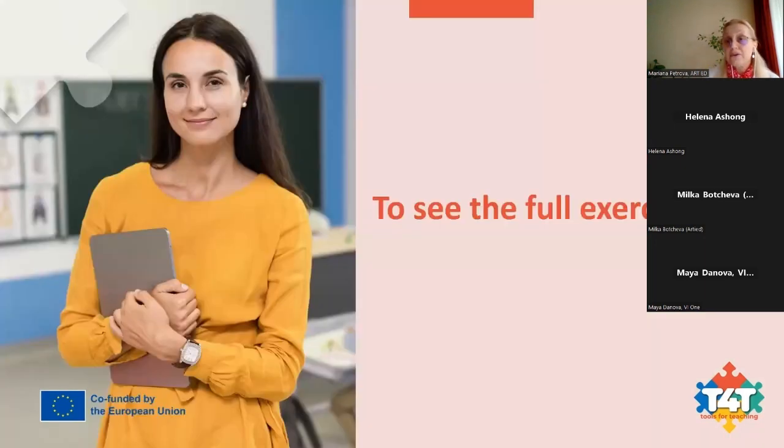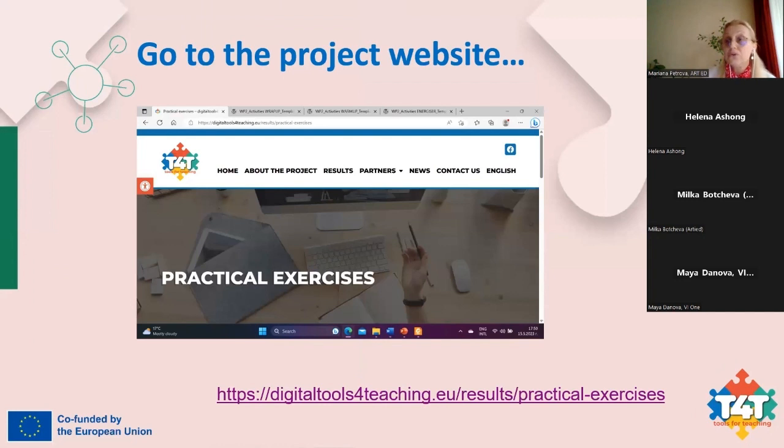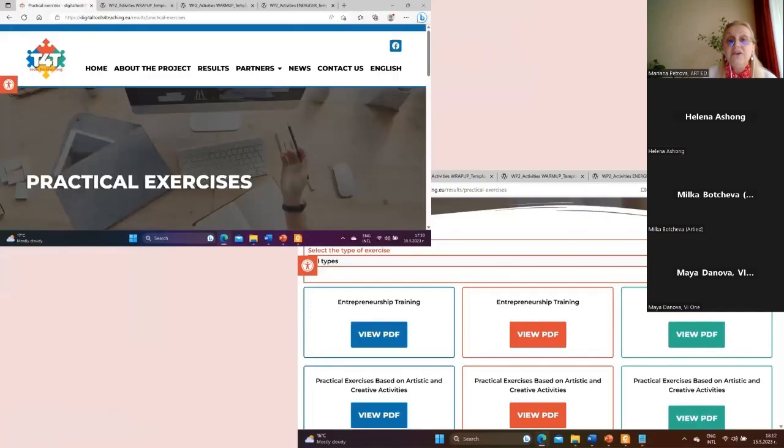So where could you find all those exercises? To see the full exercises, go to the project website, and there in the results section, you can scroll down a little bit and find the practical exercises section, and there you can see different types of activities.